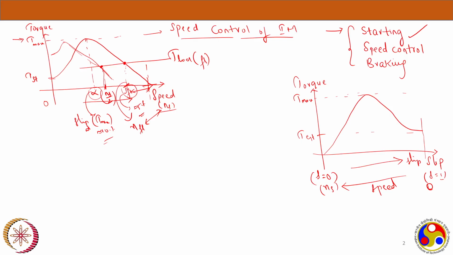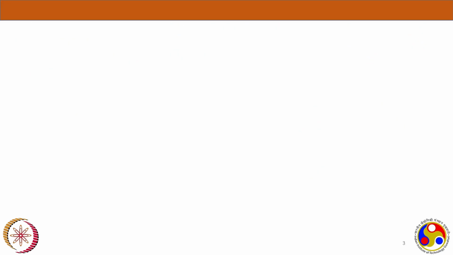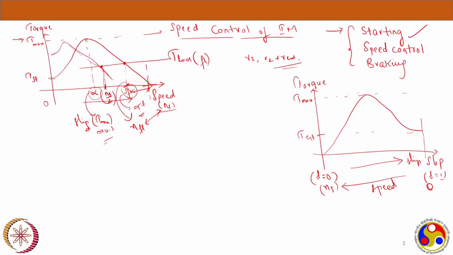In order to supply that torque at different speeds, if you remember our discussion two weeks back, for a slip ring induction motor, we kept adding external resistances to the rotor resistance, R2 plus external R. Adding this external resistance changed our torque-slip characteristics.